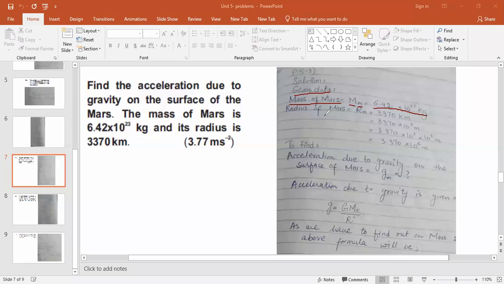Right, class? Then the radius is also given to you, and you represent the radius with capital R, and you write the small m to represent Mars. That is given to you as 3370 kilometer.